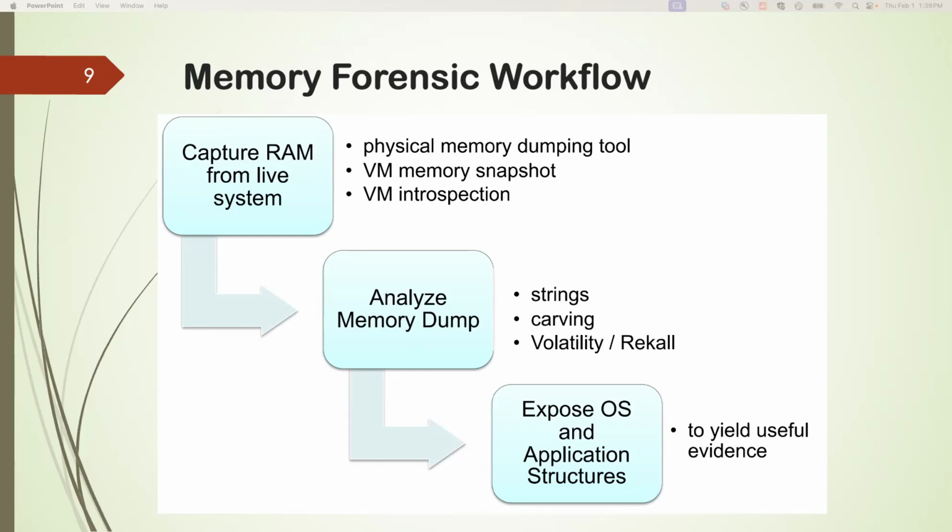So strings will basically just convert all the zeros and ones into human readable strings, and you can search them in a similar way you search for any word on say Microsoft Word or something else. You press Control F and you can search for any word. Similarly in strings, you can search for any string or any word within the memory.